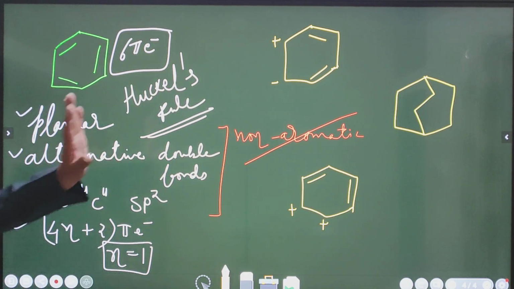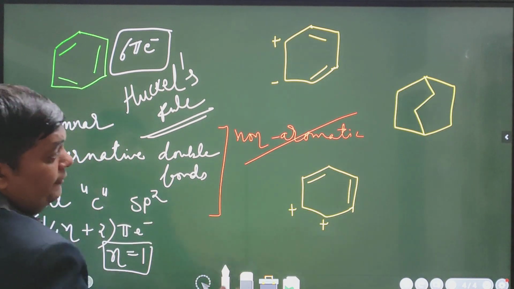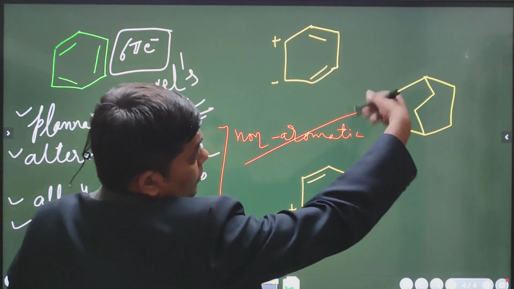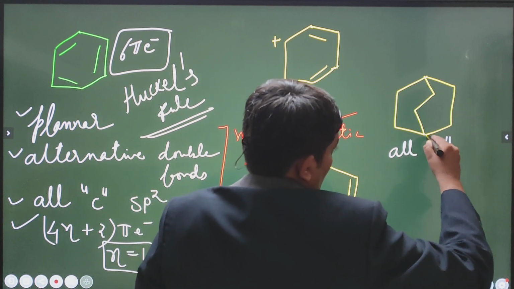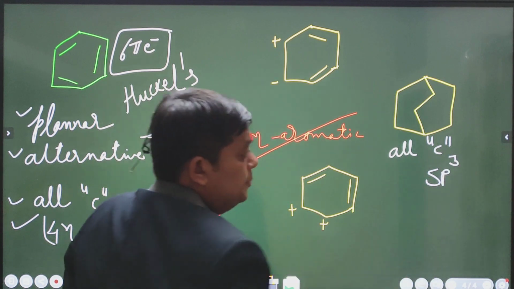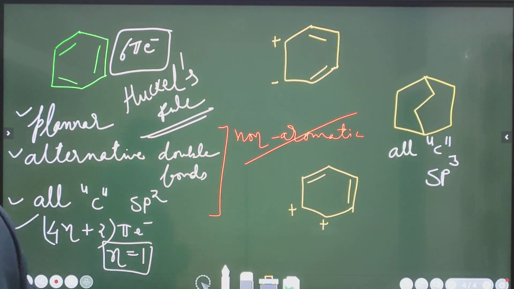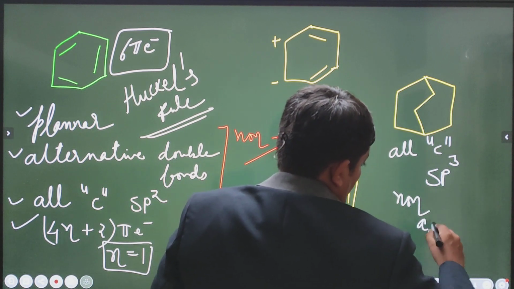Yes. If I have these 3 structures, what am I supposed to do? The first structure over here, what I am selecting, I will very clearly mention all carbon sp3. As soon as I mention all carbon sp3, you will not allow me to think.